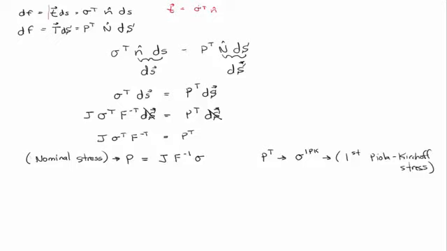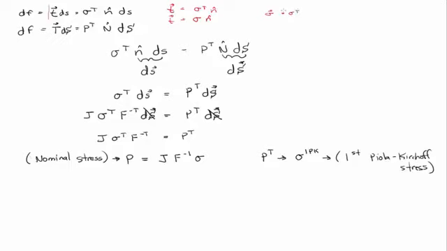Well, they immediately say, well, it's Cauchy stress, which is symmetric, so then immediately rewrite the equation as T equals this, which is true. A symmetric tensor is its transpose.